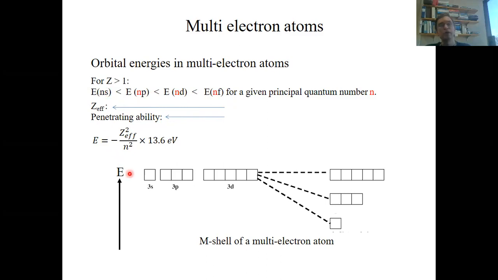Okay, so when you have a 3d subshell in a multi-electron atom, for example, the degeneracy of the orbitals with the quantum number n is no longer valid. The 3s orbital has the lowest energy, the 3p orbitals have somewhat higher energy, and the 3d orbitals have the highest energy.